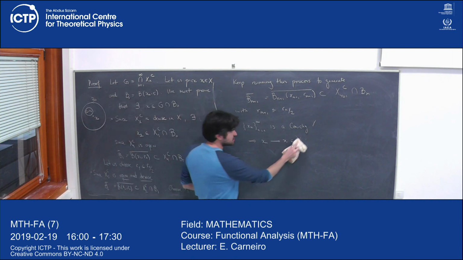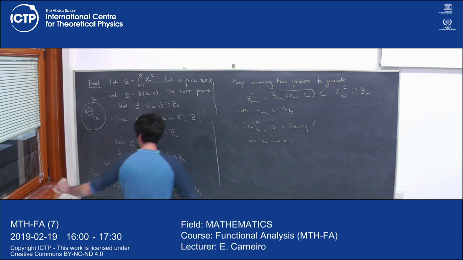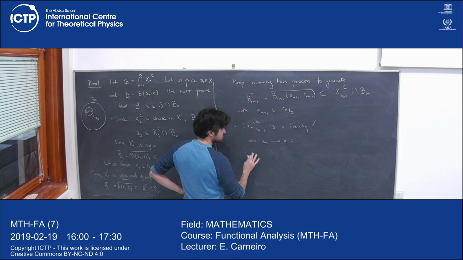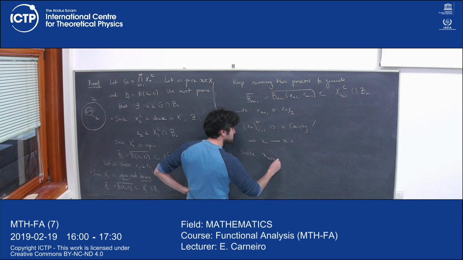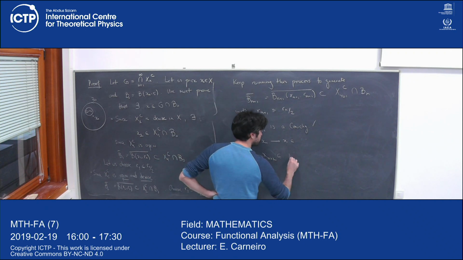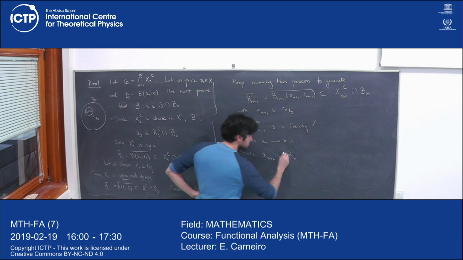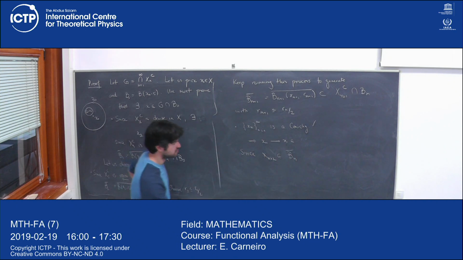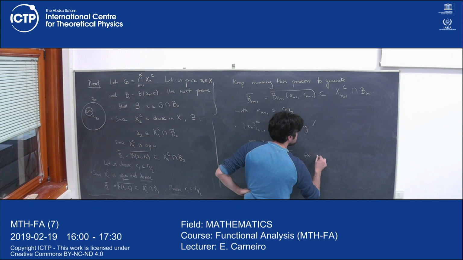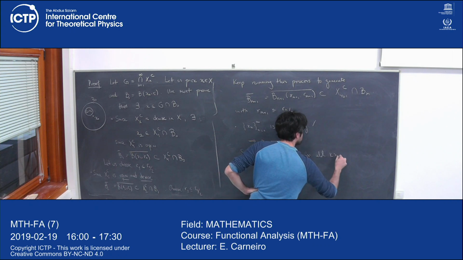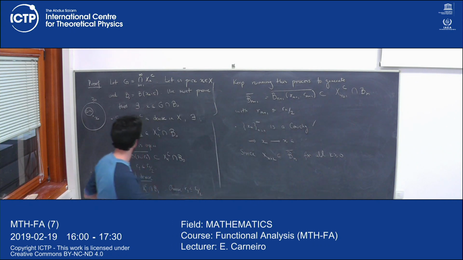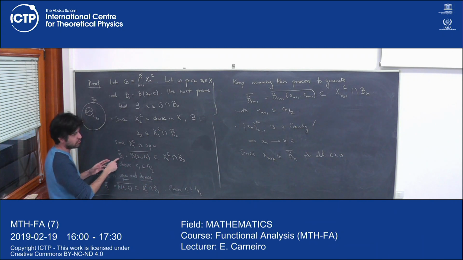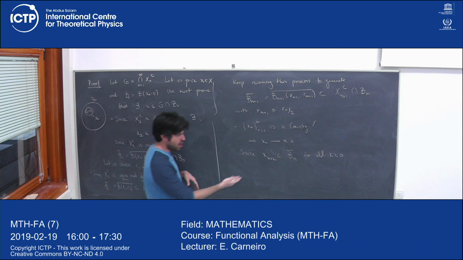So this point x, you will see that it belongs, since x n plus k belongs to the ball Bn closure for all k bigger or equal than 0. By construction, this xn belongs to the ball that we call Bn bar, closed ball.